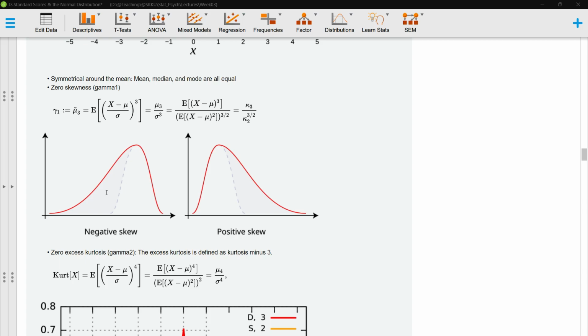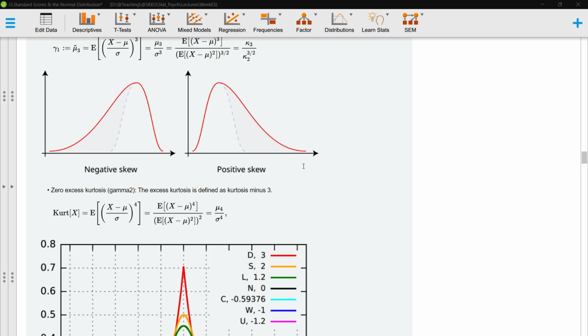That's the reason why we have a negative skew when we have big standard scores in the left side. That will give us a negative value. If we have a long tail in the right direction, it will give us a positive number because it will exaggerate it by three times.